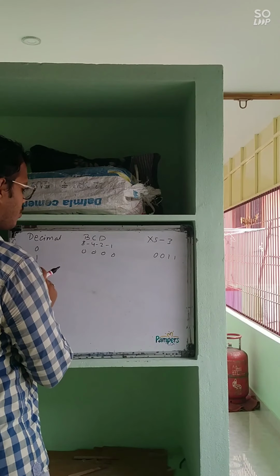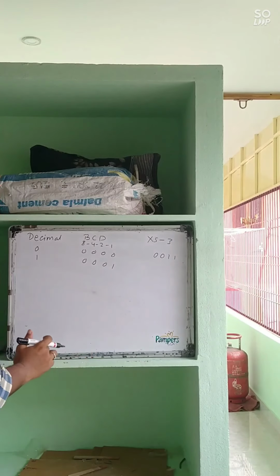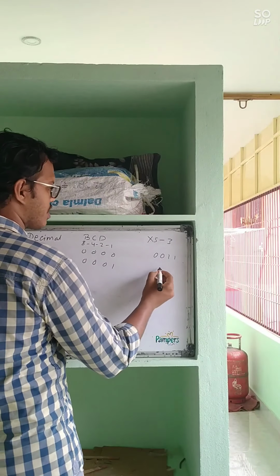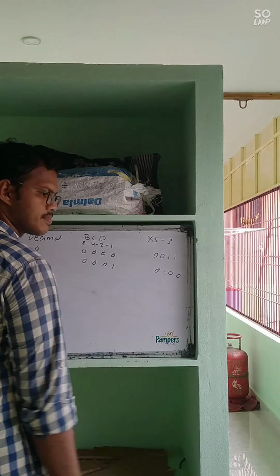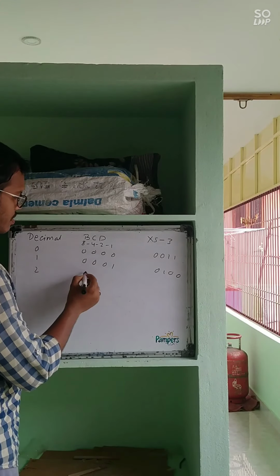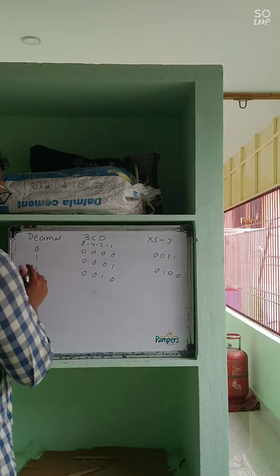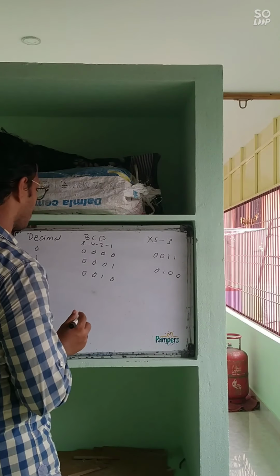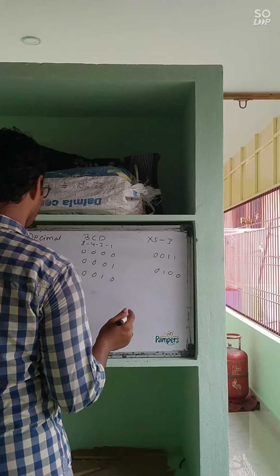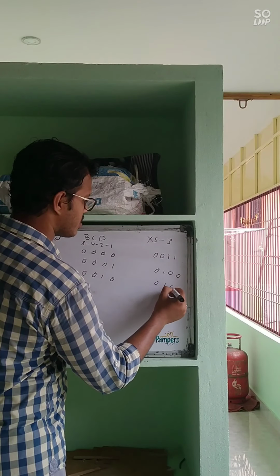Again, how do we write the 1 in the BCD? 0 0 0 1. In XS3 code, 1 plus 3 means 4. How do we write 4? 0 1 0 0. So 2, how do we write 2 here? 0 0 1 0. 2 plus 3 means 5, 0 1 0 1.